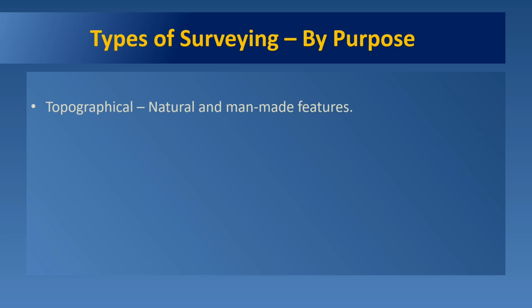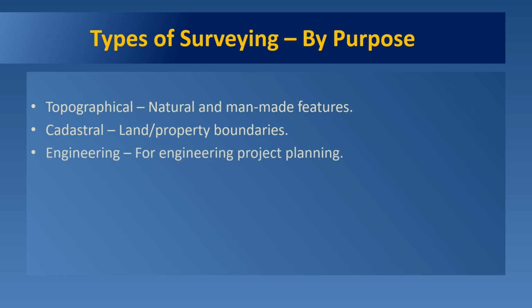First, topographic surveying. Topographic surveying maps features like hills, rivers, and roads. Second, cadastral surveying. It deals with property and land boundaries. Third, engineering surveying. It is used for planning and designing engineering works.